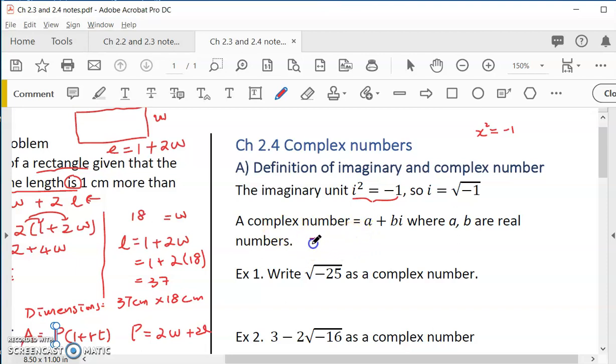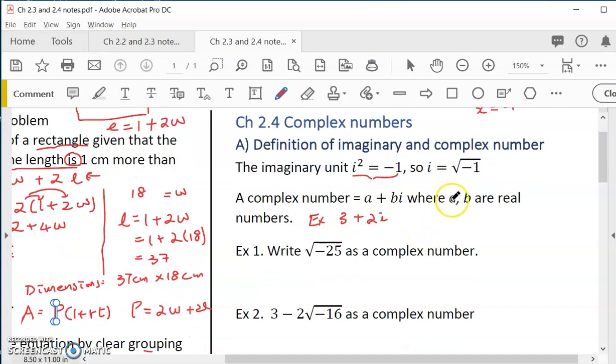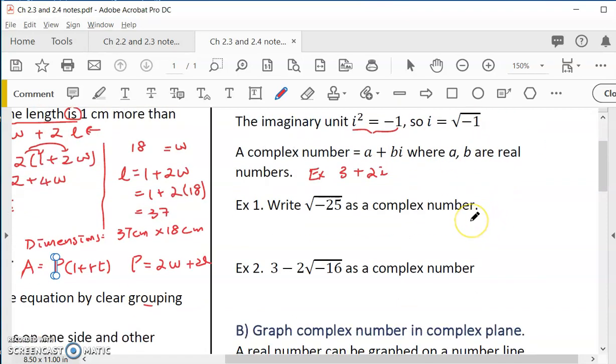Okay, so an example would be 3 plus 2i. So this is the real part and this is the imaginary part. The imaginary part consists of i multiplied by 2. So this we call a complex number, and this form a plus bi is the standard form of a complex number.